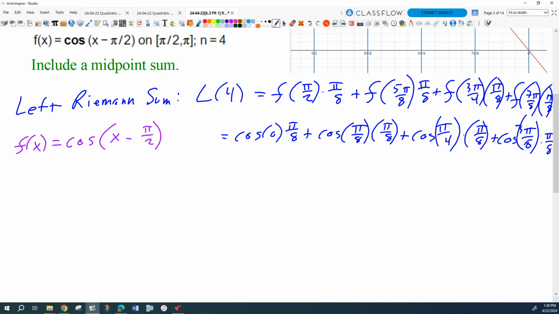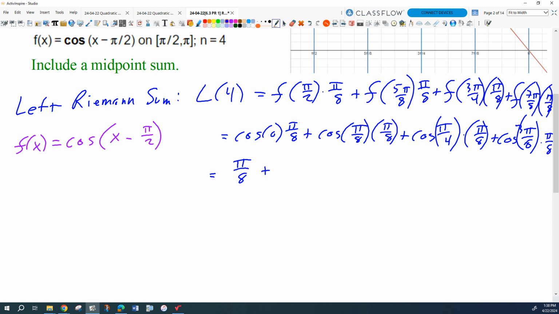We would just plug all that in a calculator. What is cosine of 0? 1. So I get 1 times pi eighths, plus cosine of pi eighths times pi eighths. Who knows? It's just a calculator number. We would literally just put all this in a calculator and add it up. That's the only way to do this.